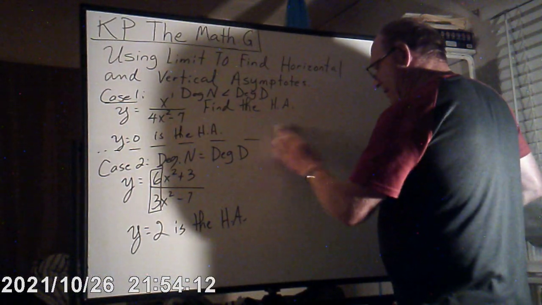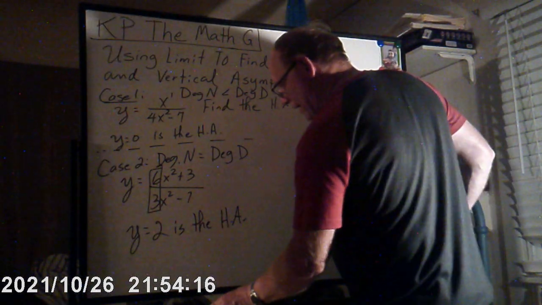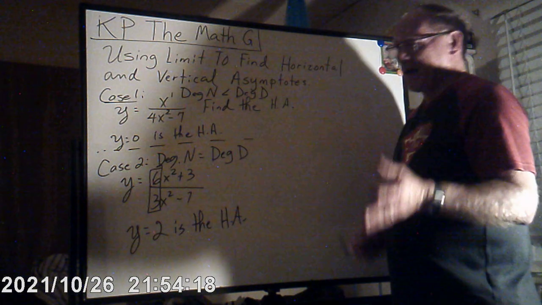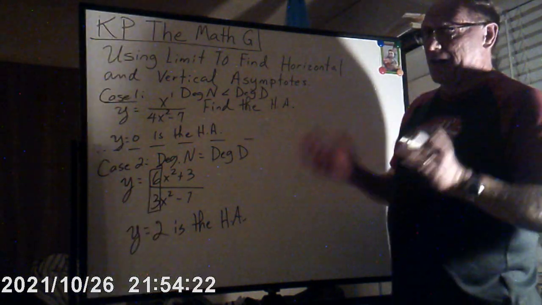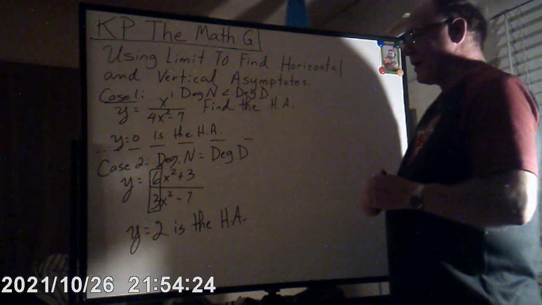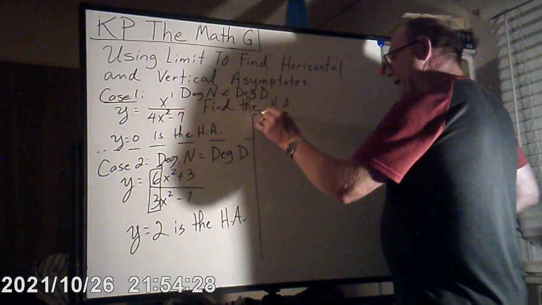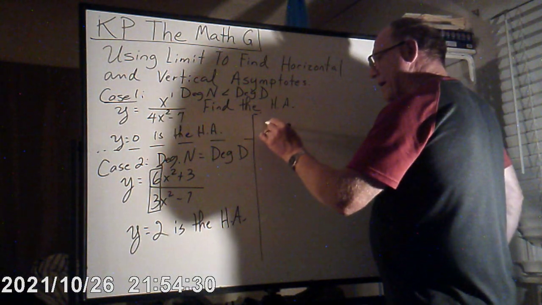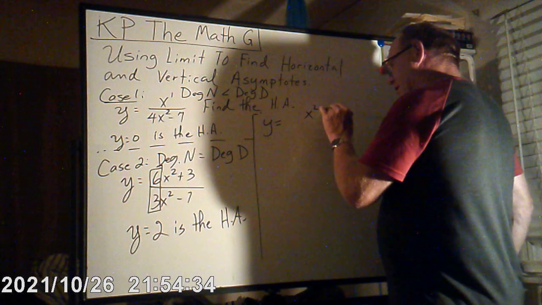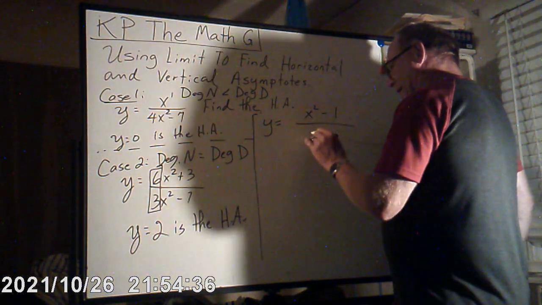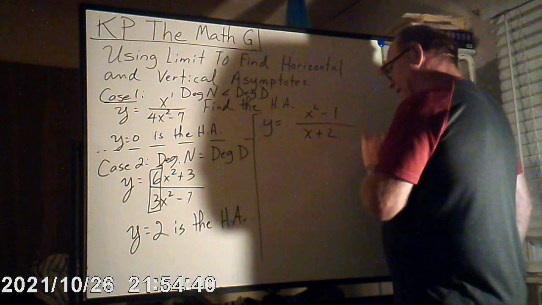Now, we do not have a horizontal asymptote if the degree is larger. And I don't want to get into the slant. It could be a slant asymptote. The slant asymptote would come into play if the degree is 1 greater, only 1 greater. Let's say we got x squared minus 1 over x plus 2.